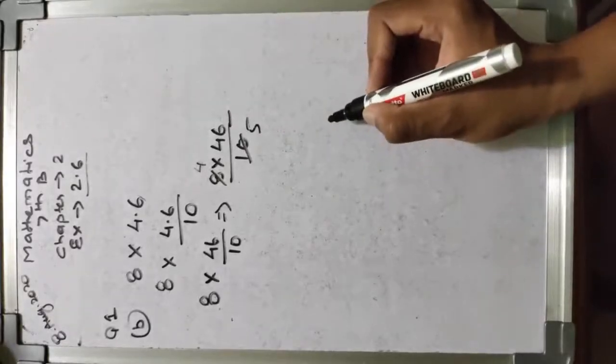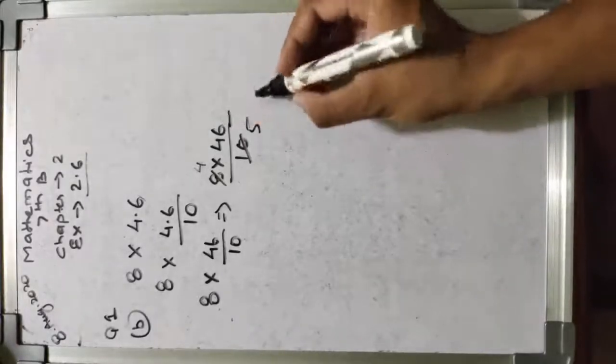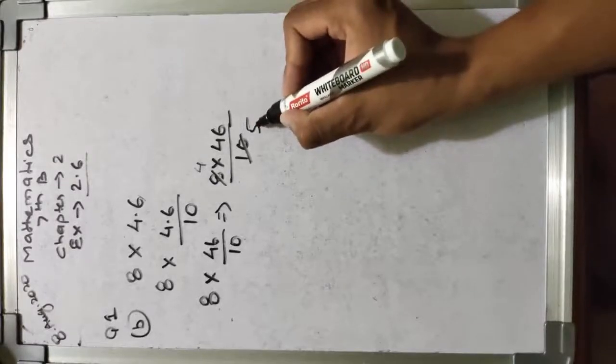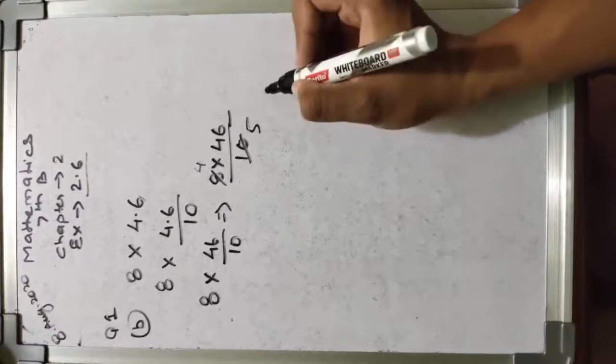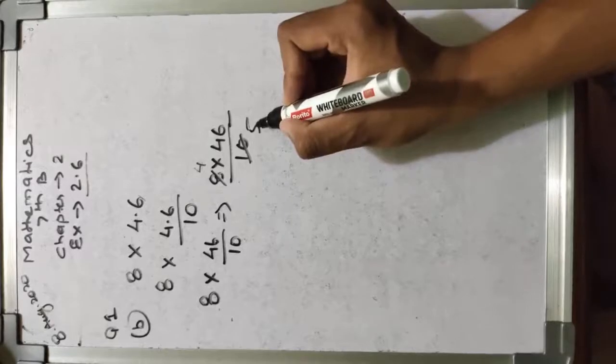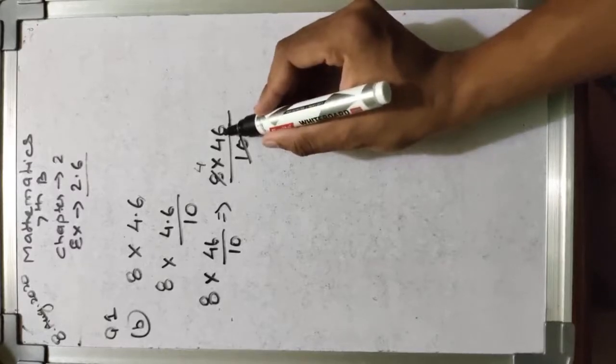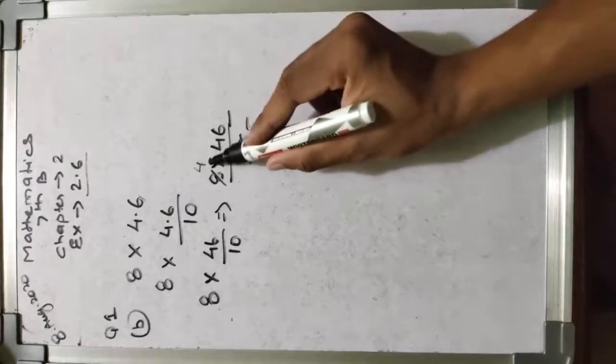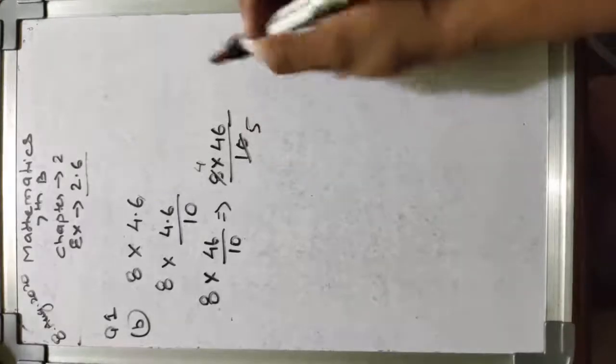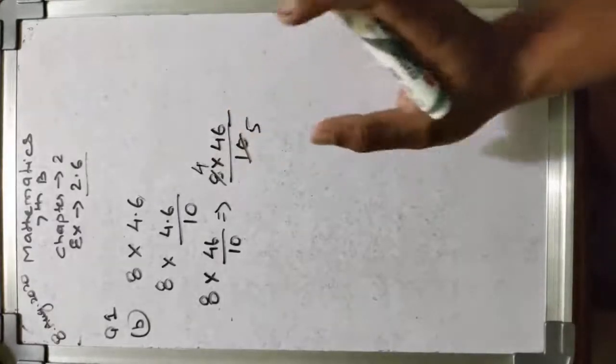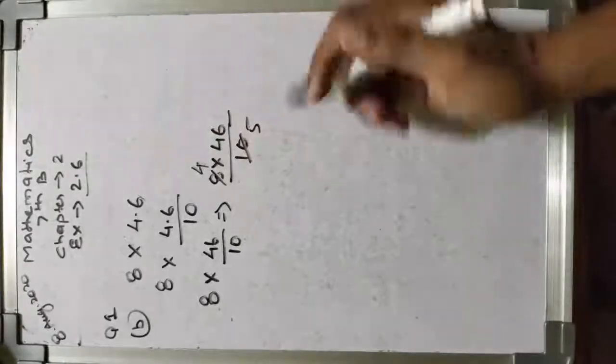Now you can see we can't divide 5 and 46. We can't divide 5 by 46 or 46 by 5, and there is no role of 4 here. So you have to just multiply it directly.